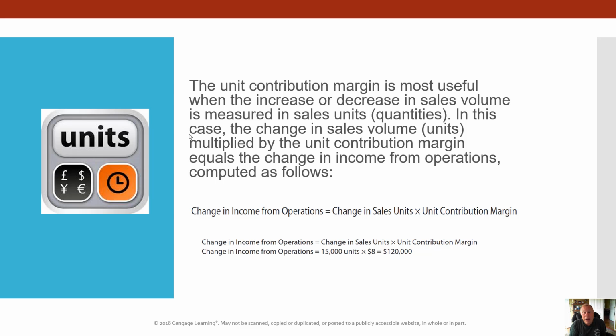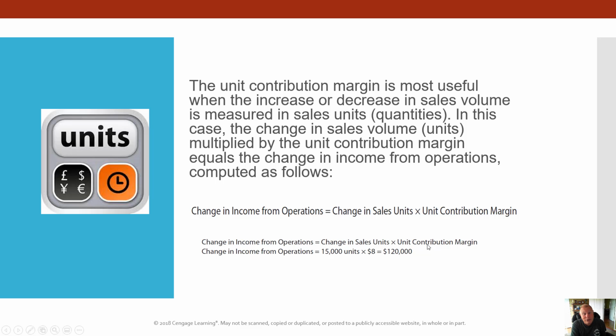And that way I can figure it out. The change in income from operations is a function of how many more units I sell or produce times my unit contribution margin. Okay, so if I want to figure out what's going to be my change in income if I produce 1,000 more units. So here it is, example, change in income, 15,000 units, that's what I'm going to change.